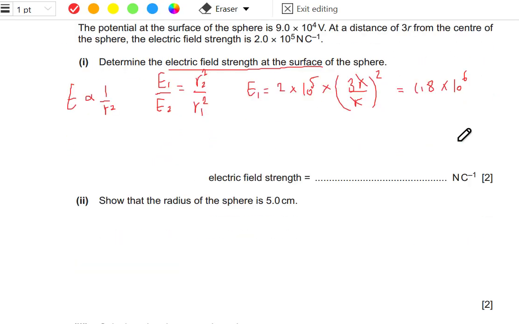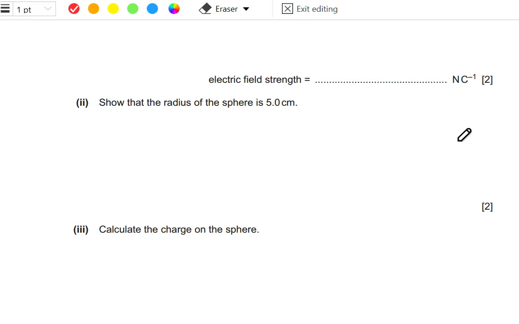Show that the radius of the sphere is 5 centimeters. We have V equal kQ over R, and we have E equal kQ over R squared. So E equals V over R. We have the potential at the surface and the field at the surface.